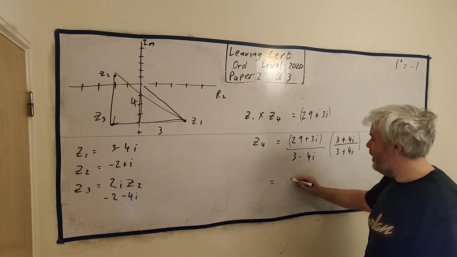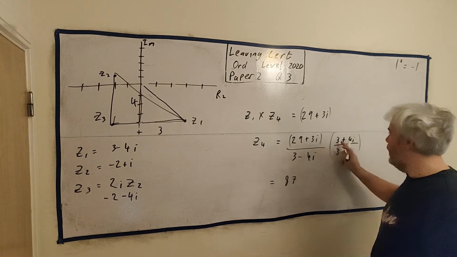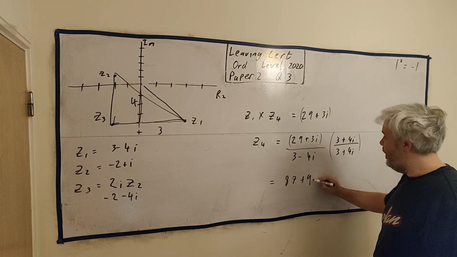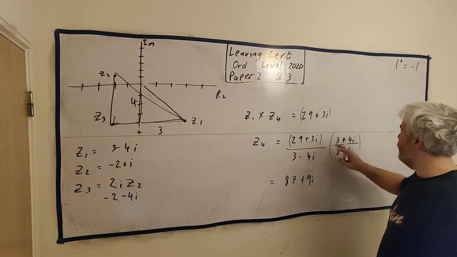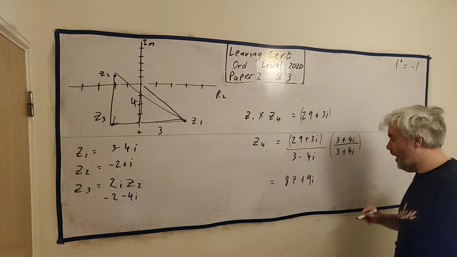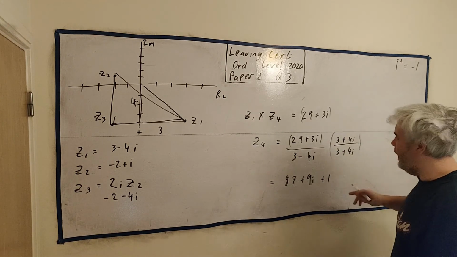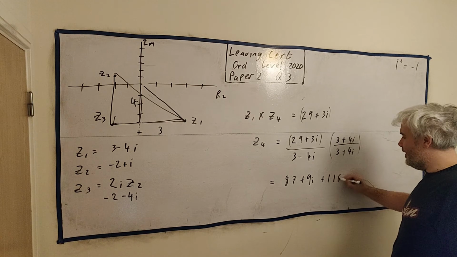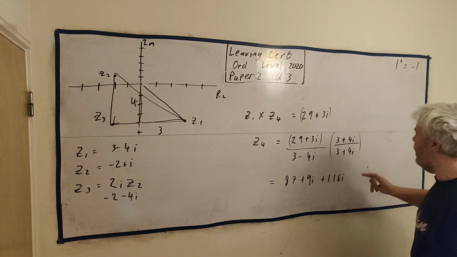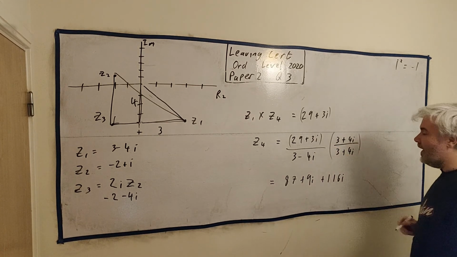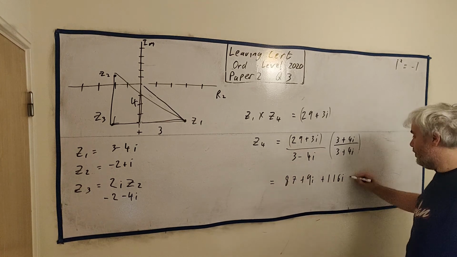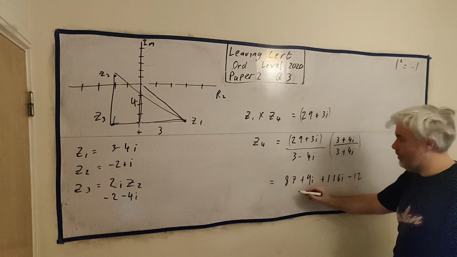3 by 29 is 87. 3 by 3i is 9i. 4i by 29 is, let's see, it's 120, take away 4, so 116i. And then 4i by 3i is plus 12i squared, which becomes minus 12.